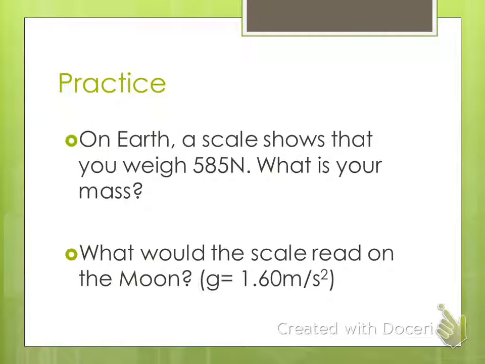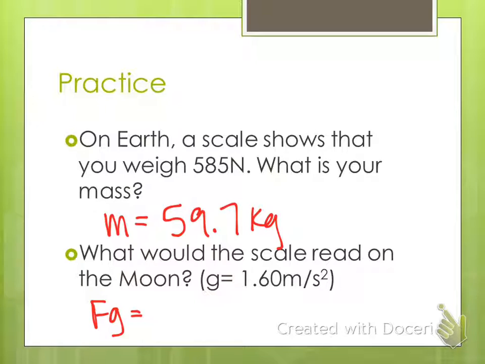So we're going to take our mass that we just solved for, and take it times 1.6 to get it back into newtons. If we know that our mass is equal to 59.7 kilograms, it doesn't change when we go to the moon, but our weight, or our Fg, does. So we take 59.7 times 1.6.